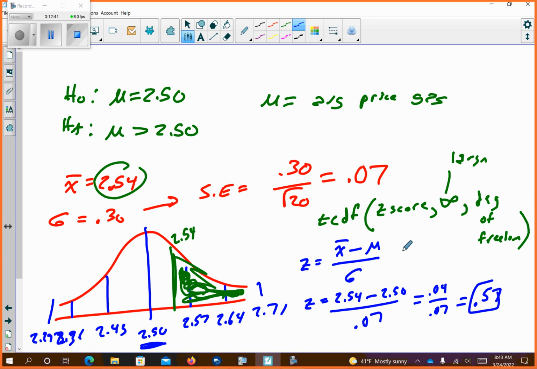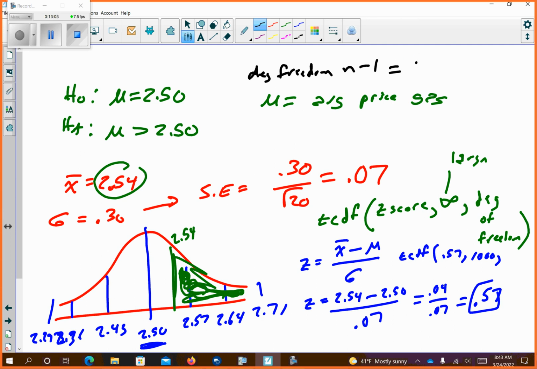So under my TCDF, I'm going to go 0.57, some large number, so 1,000. And then degrees of freedom is going to be my n minus 1.